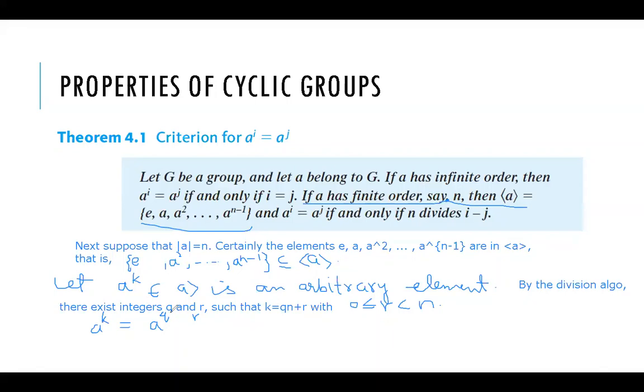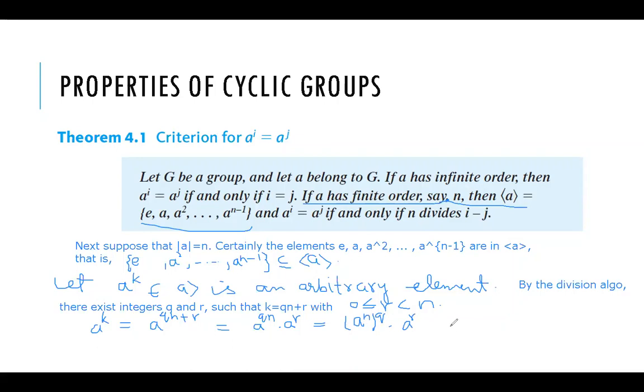And if I break it down into its factors, I get A power qn multiplied by A power r, which is equal to A power n, whole raised to the power q, multiplied by A^r.